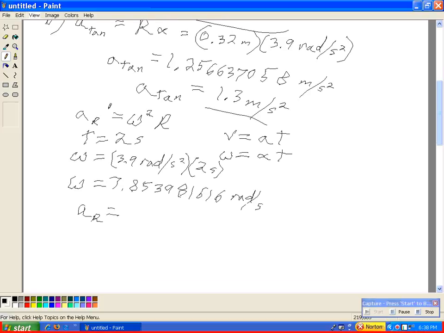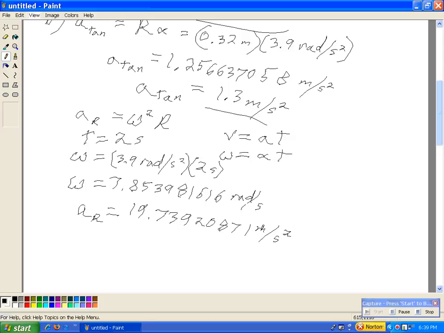So we get 19.73920871 meters per second squared.